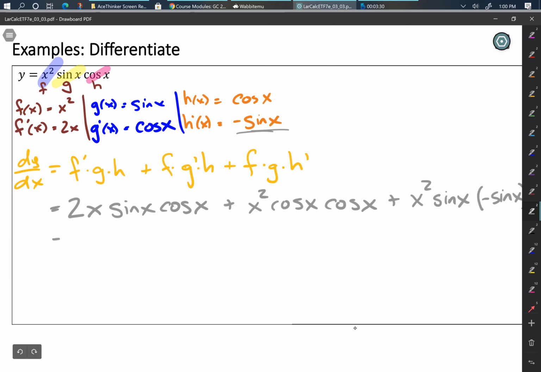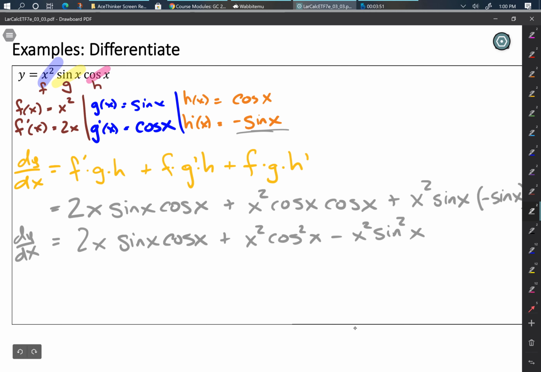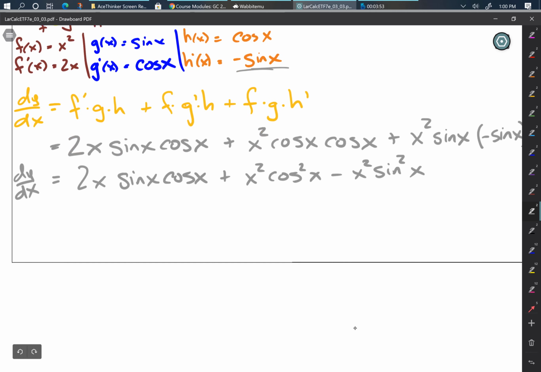So then cleaning this up a little bit, we get 2x sine x cosine x plus x squared cosine squared minus x squared sine squared, and there's our dy dx. But I'm wondering about something.